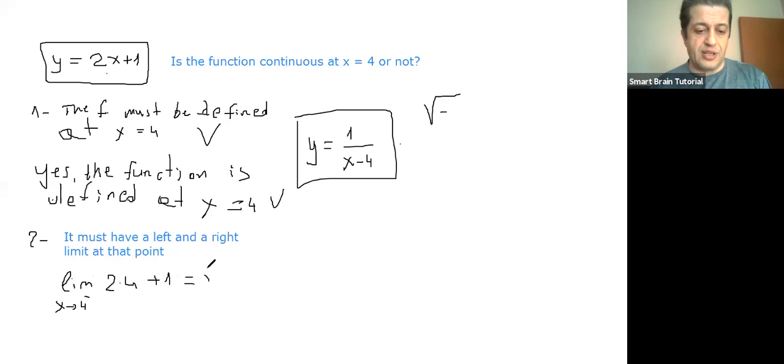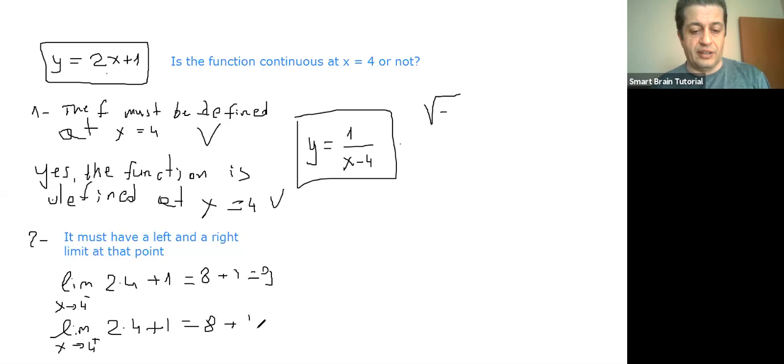It is 8 plus 1. It is 9. And if we have the limit for x greater than 4, we have again 2 times 4 plus 1. It is 8 plus 1. It is 9. So yes, it has a left and a right limit.